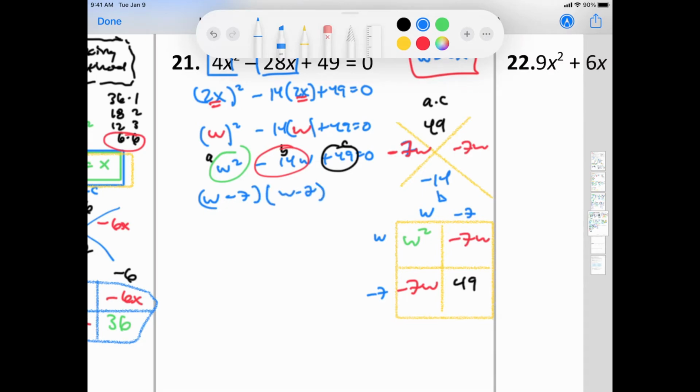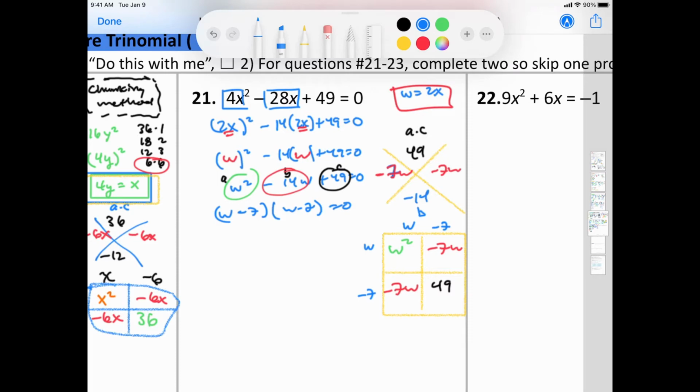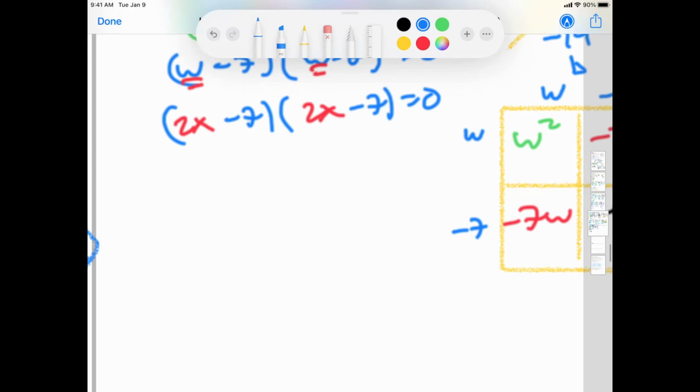Okay, before you put back in the substitution, this might be a great time to put in your substitution. Every w is 2x, same color, and because you have two of the same thing, you don't need to do the problem twice.